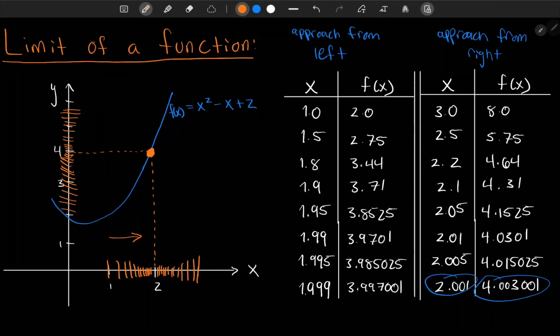And that means that the limit of f of x as we go towards 2 is equal to 4. But let's see this in an actual definition.